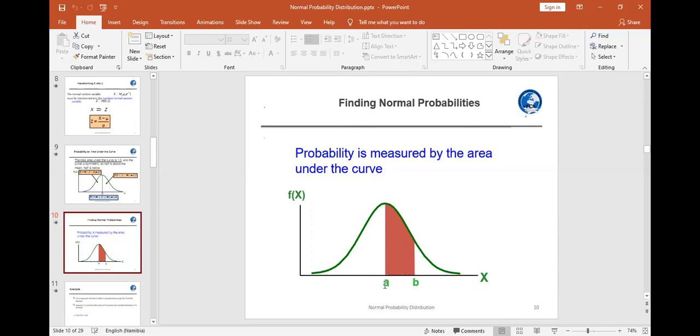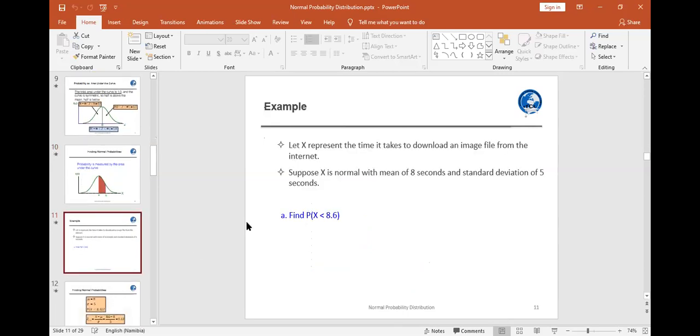Let's say from 50 to 70. In terms of probability, what is the total area between 50 and 70? We should be able to make use of the other formula, and then get that probability. So let's do one example.